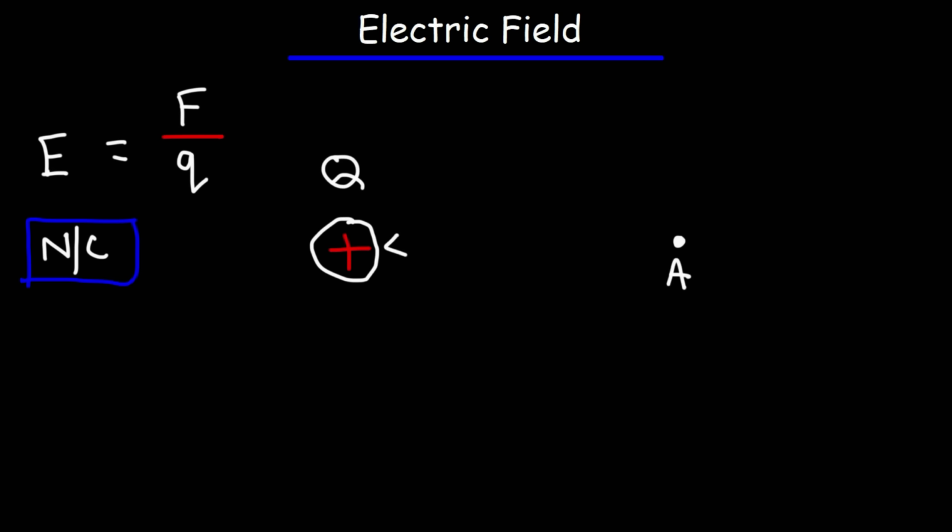And let's say A is some distance r. Well, we know that the electric field at point A will be going in this direction. All you need to do is draw an arrow from the positive charge to the point of interest, and that will give you the direction of the electric field.